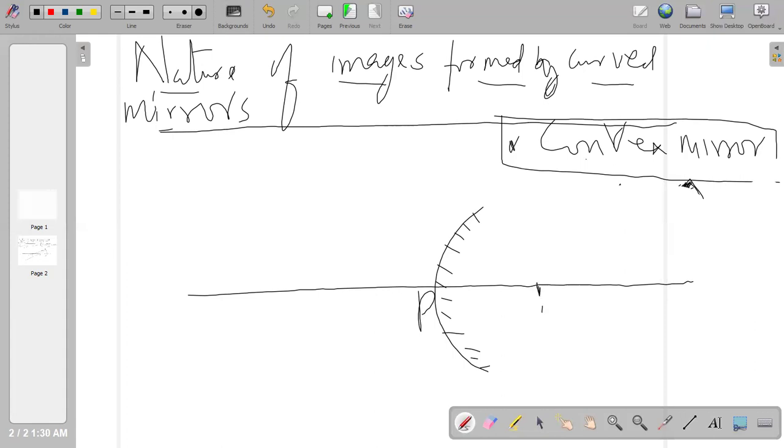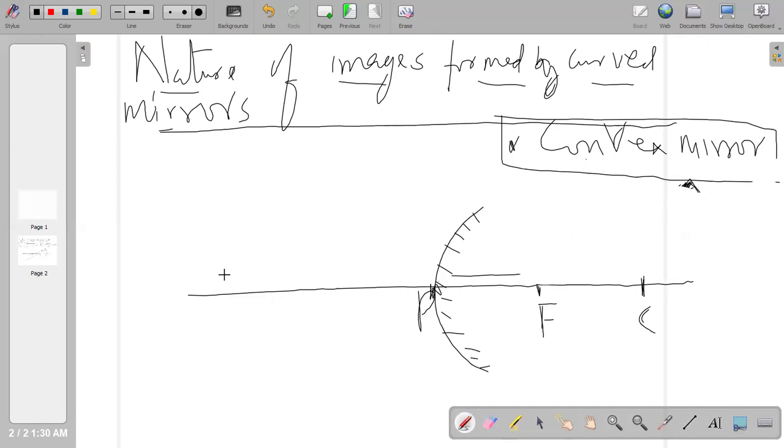This is the principal focus here. And if you remember, C is equal to 2F. That is, the distance from here to here is also called the radius of curvature, R. So R equals 2F. That's just by the way. So continue.